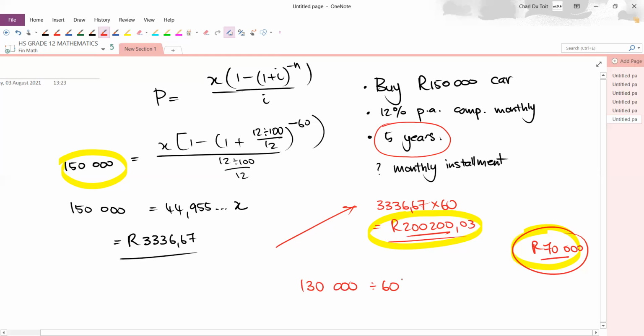It depends. It all depends on what work you're going to do in the future, Aiden. If you're a rep or someone that needs to drive a lot, then you do a car like this on hire purchase. You buy this car because there's a tax incentive for you on that 3,336 Rand. Because you're using the car for work, you can claim some of it.